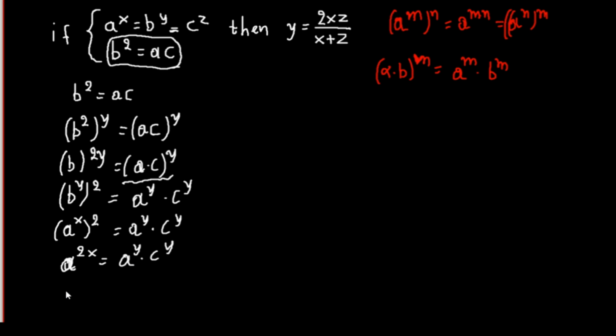Here we raise both sides to the z power. So we have a and all of this to the 2x power and all of this raised to the z equals a to the y power times c to the y power, and all this to the z power.